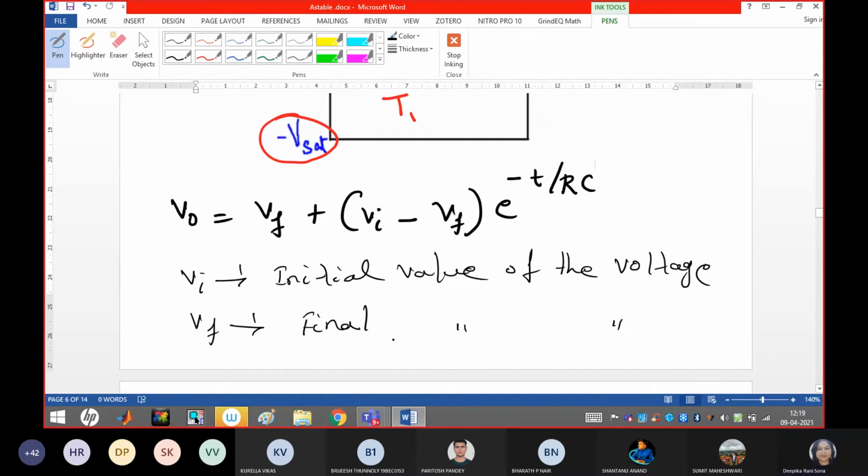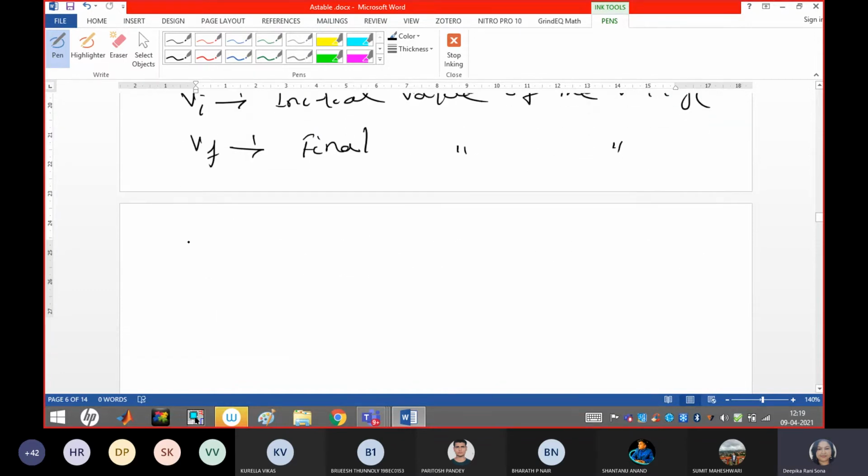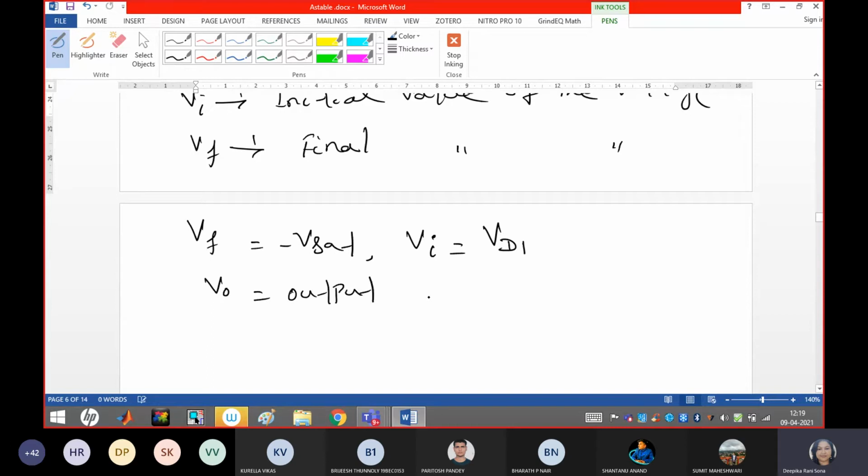Vf represents the minus Vset value, while Vi is the initial voltage which is developed across diode D1. This is represented as Vd1, and V0 is representing your output, or I can say the capacitor voltage Vc.